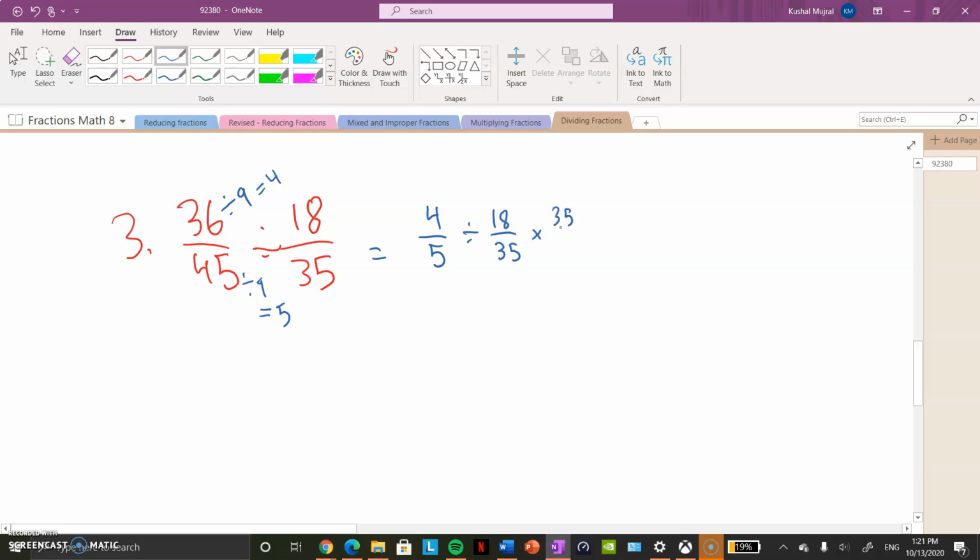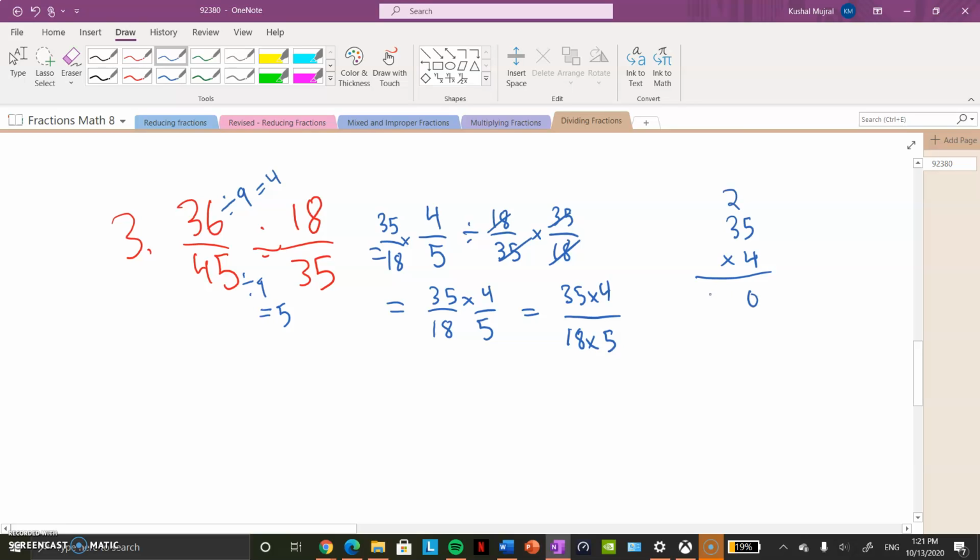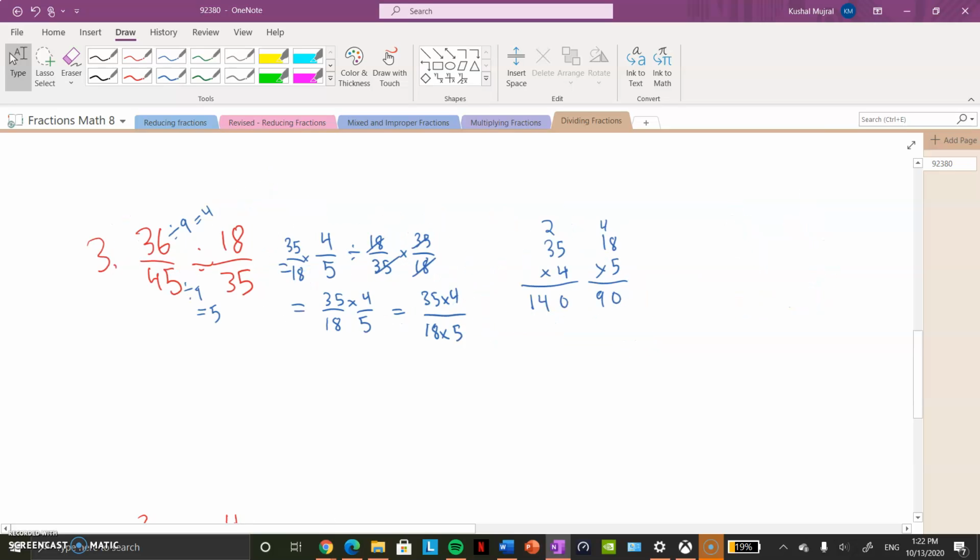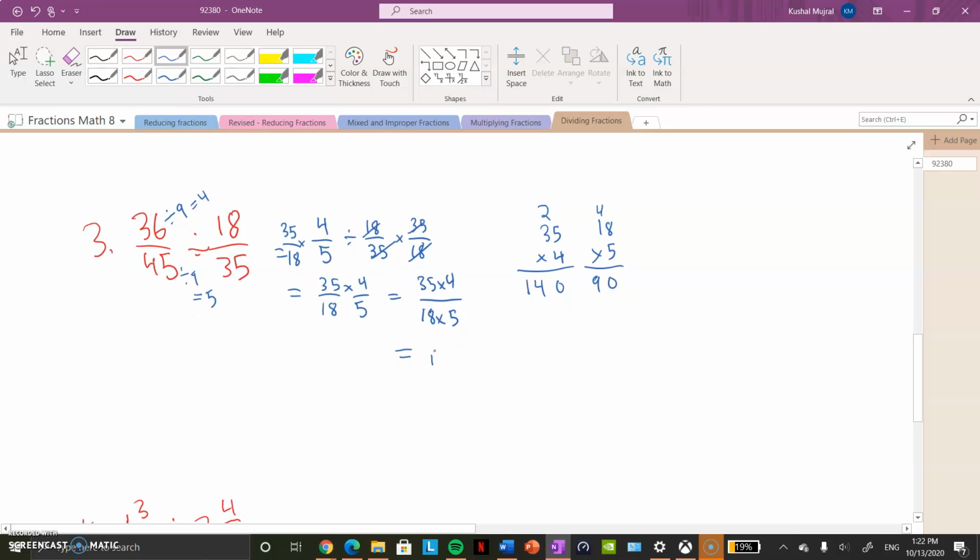Now we can multiply by the reciprocal on both sides. This cancels, multiplied by 35 over 18, and this becomes 35 over 18 multiplied by 4 over 5, which is 35 times 4 over 18 times 5. 35 multiplied by 4 is 140, and 18 multiplied by 5 is 90.